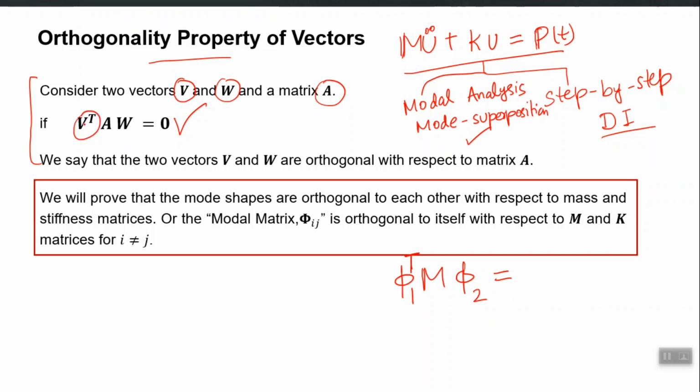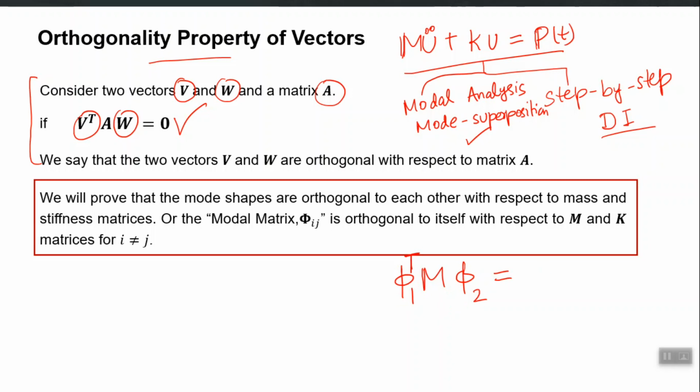So V transpose times A times W. If this product is 0, it means that V and W are orthogonal to each other with respect to A, right? So mode shape vectors are orthogonal to each other with respect to the mass matrix as well as with respect to the K matrix. We will prove this statement in a minute, but let's first understand what that statement is. If I take phi1 transpose times mass times phi2, this product will be 0.